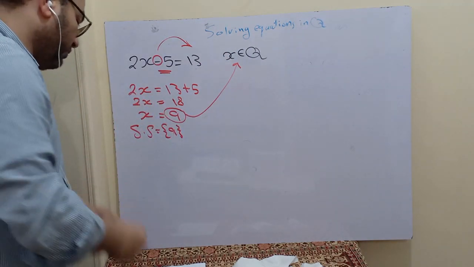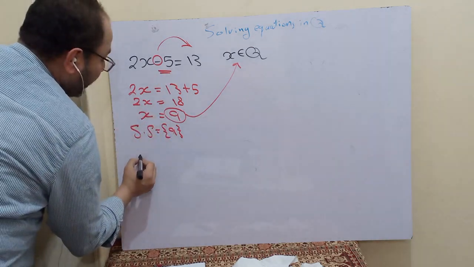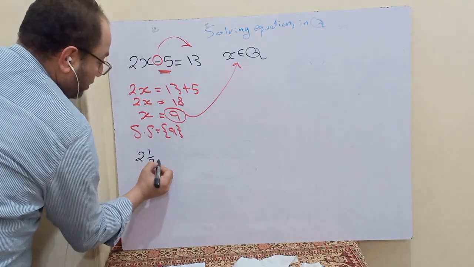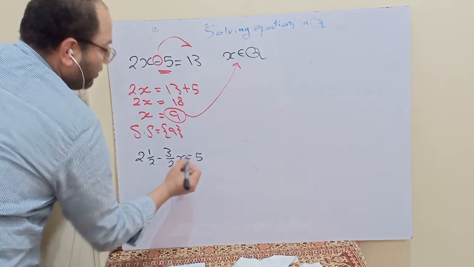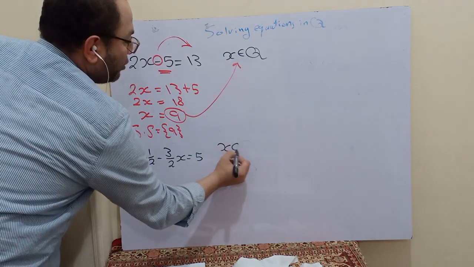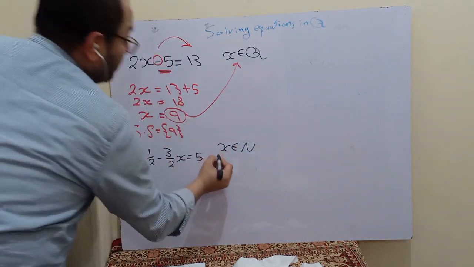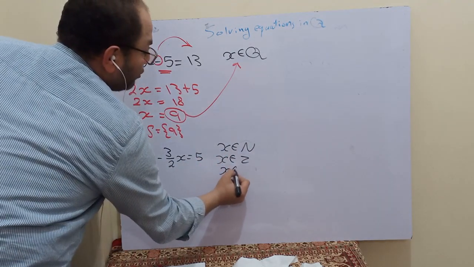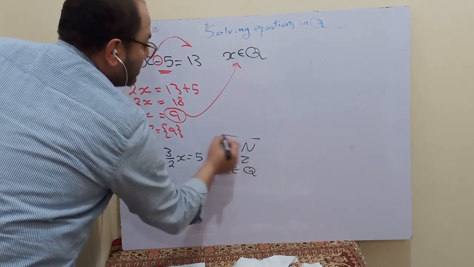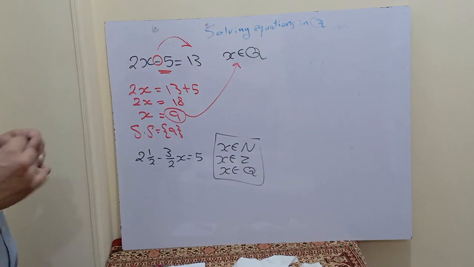Another one: 2.5 - (3/2)x = 5, where x belongs to natural numbers, x belongs to integer numbers, and x belongs to rational numbers. Okay, how to solve this equation? It's very easy.